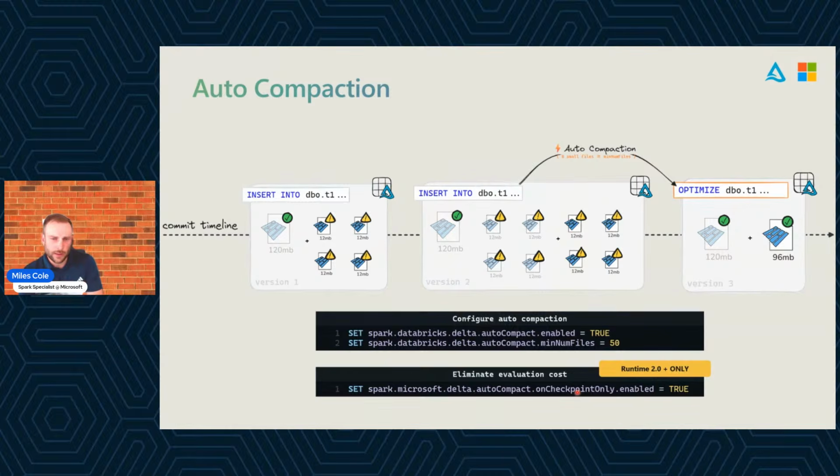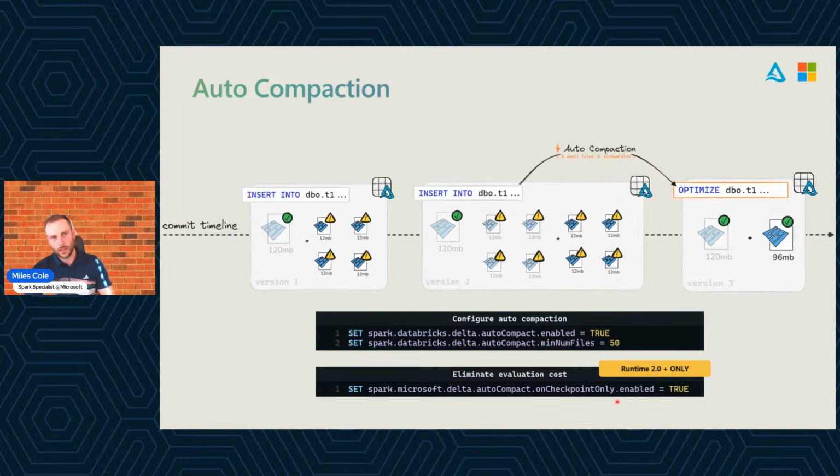Auto compaction, I think this is the last of the table layout ones. We did a lot of work to basically improve the open source implementation of auto compaction, just to generally make it work better for customers, to make it more efficient. And new in Runtime 2.0 only is this new feature called On Checkpoint Only.